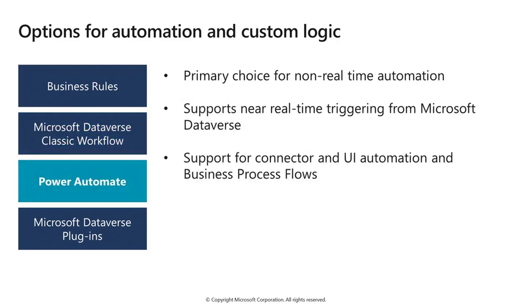Power Automate, of course, is now the primary choice for non-real-time automation. It supports near real-time triggering from Microsoft Dataverse, but this is not real-time, and it supports connectors, UI automation, and business process flows.